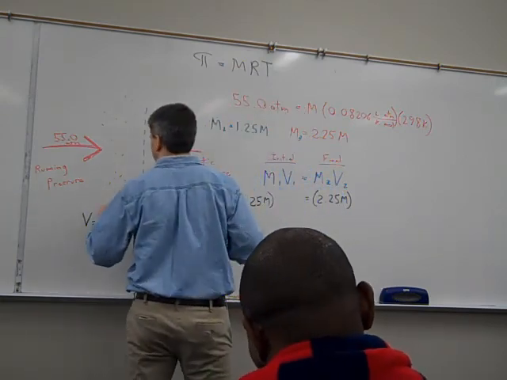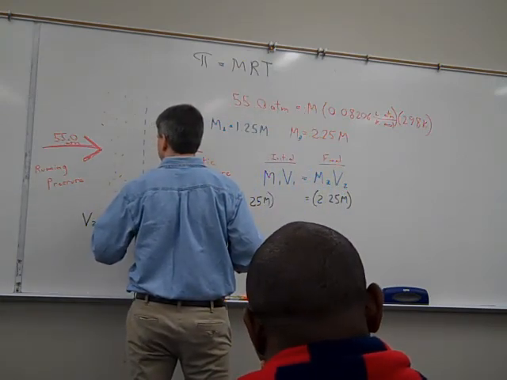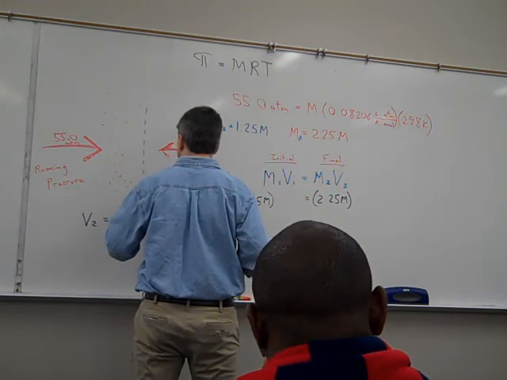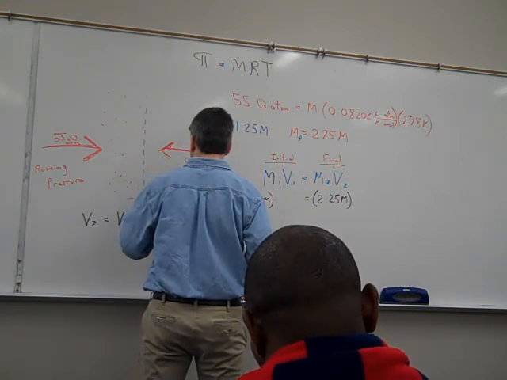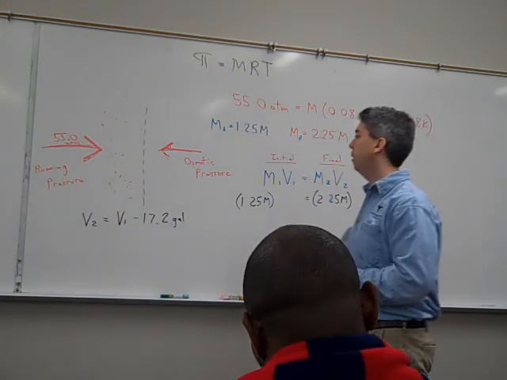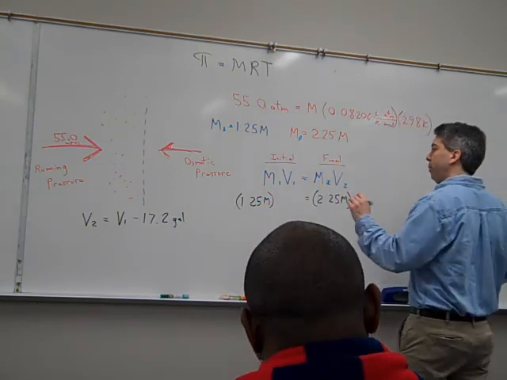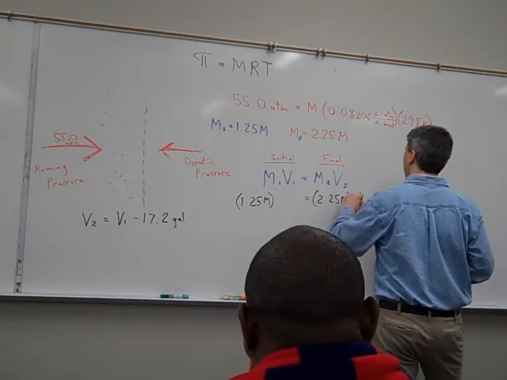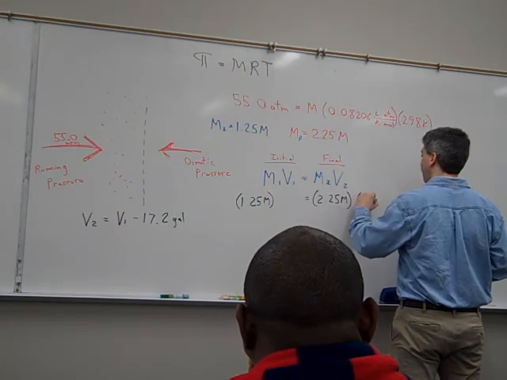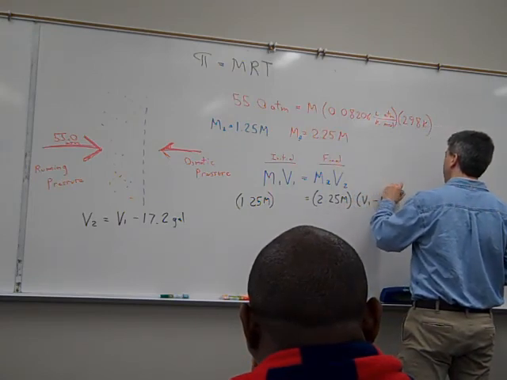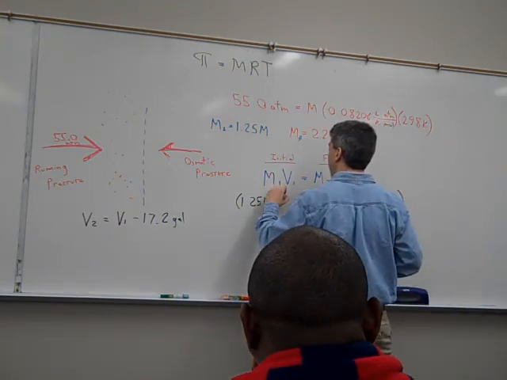So it'll be whatever the initial volume was minus 17.2 gallons. So I can then substitute those values in. For V2, that'll be V1 minus 17.2, and this will be just V1.